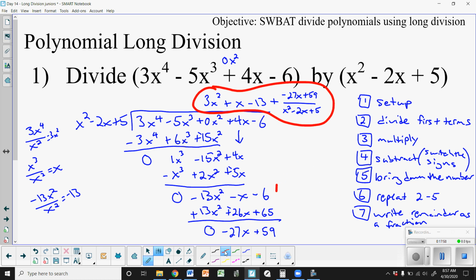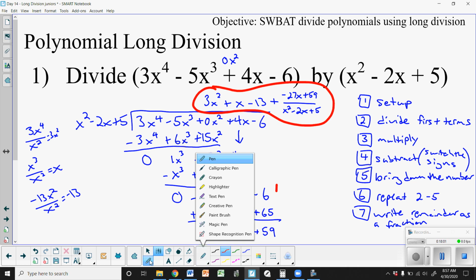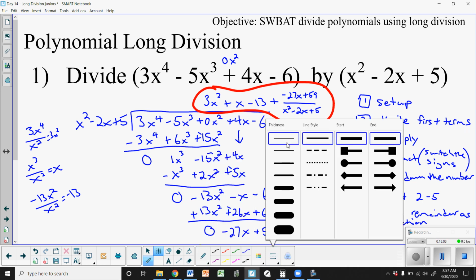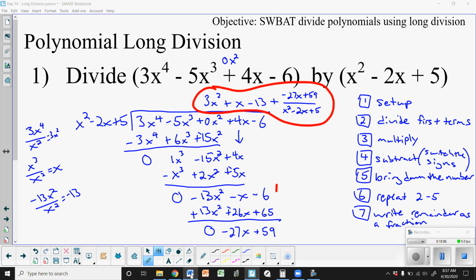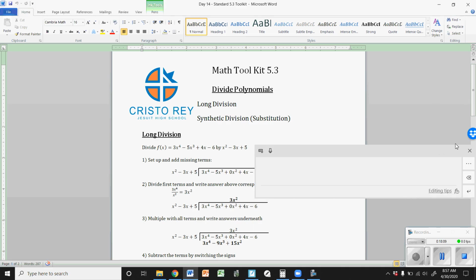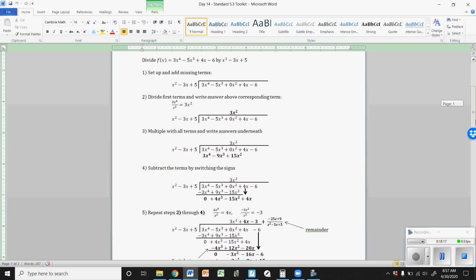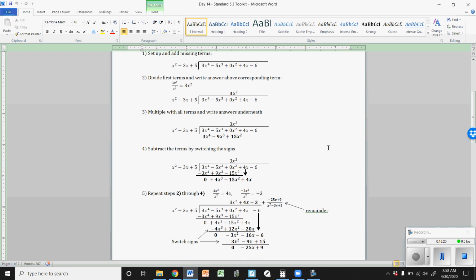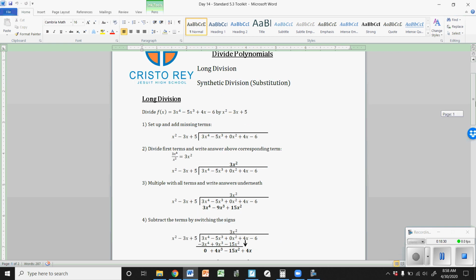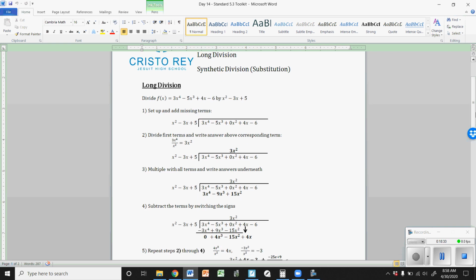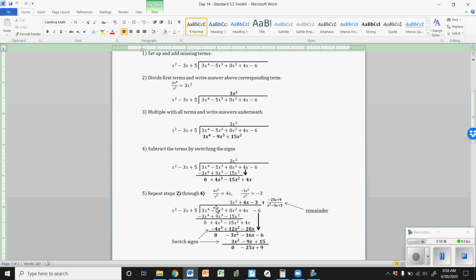This is also a good time for me to point out that we can also look at the toolkit. The toolkit's attached to this. In the toolkit, it has a problem, and it's really similar to the one that we did. It's not exactly the same, but it's a pretty similar problem where you're dividing a quadratic by this quartic, and it has the steps, so you can use this as a guide as well.